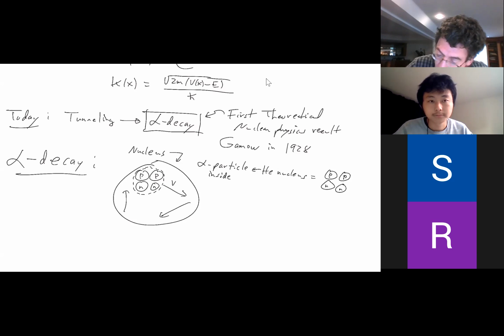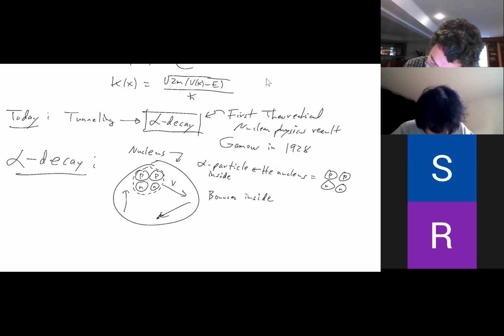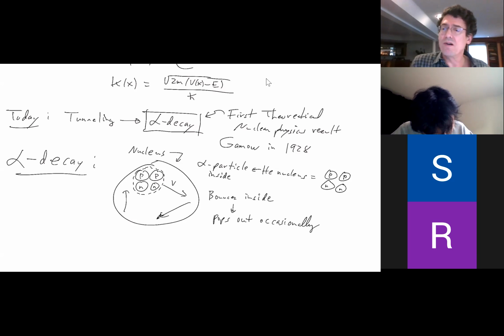But then every now and then, it comes out. It bounces inside, but then every now and then it pops out. Pops out occasionally. And what do we call it when it pops out?